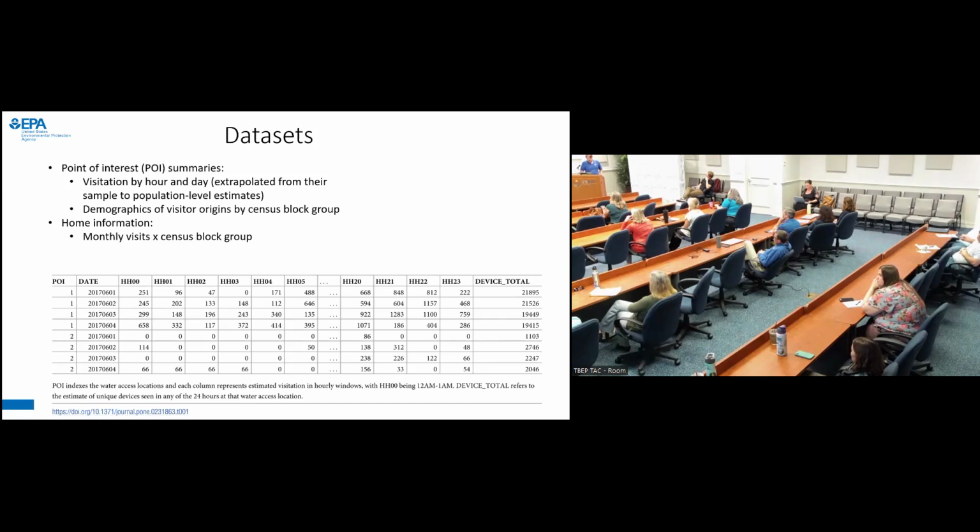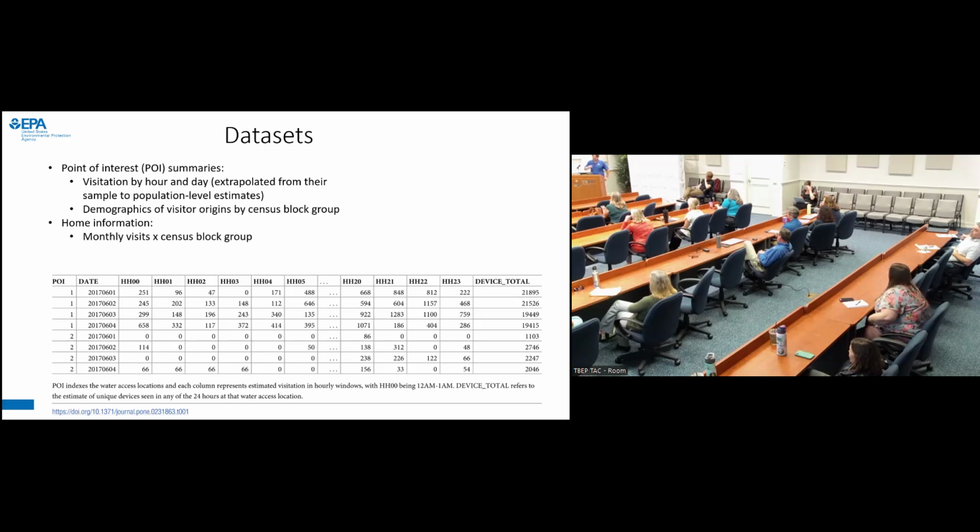Again, these are broken out by hourly, so that's what the HH001 and so on represent. The date, and when we're sending multiple points of interest, the POI for that so that we can identify it. Also, they have a sense for each of these devices of the home block group.